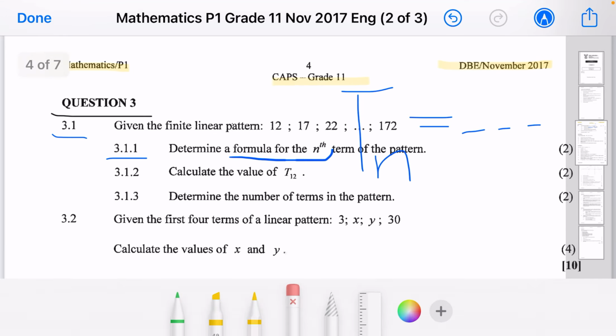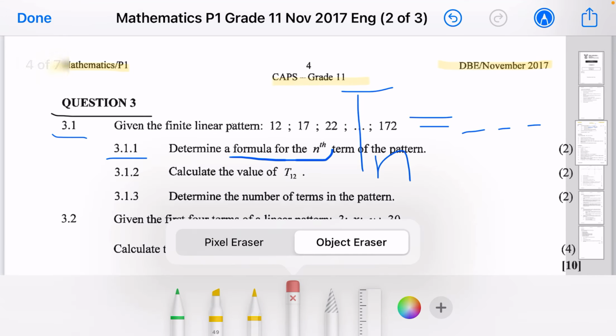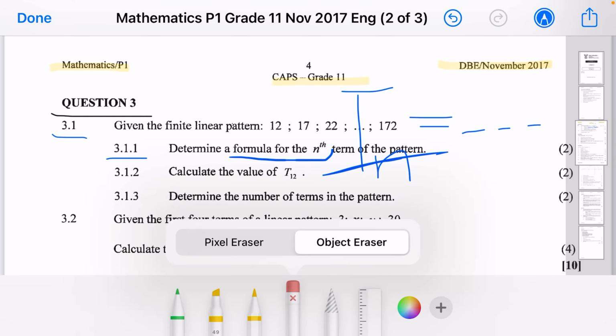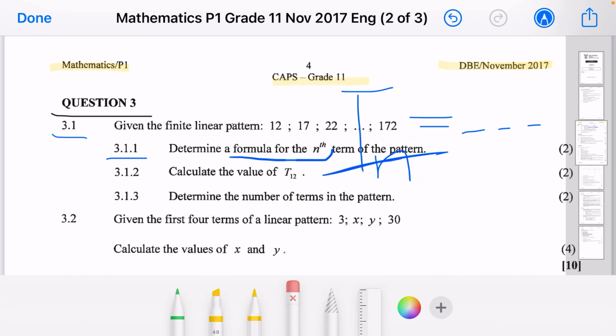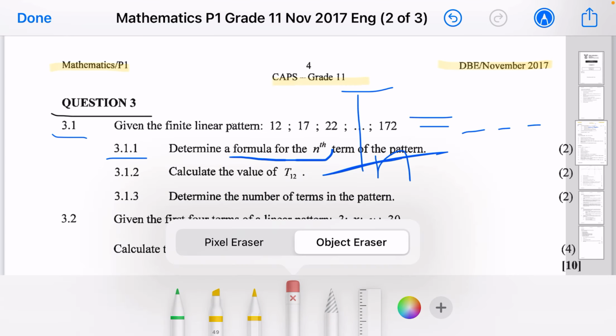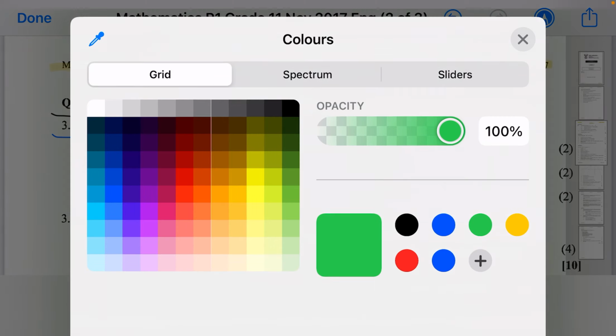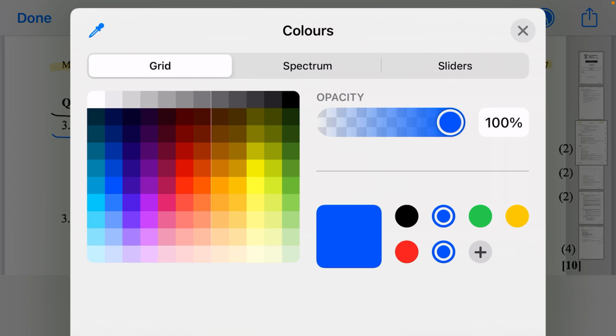Okay, so now, ladies and gentlemen, let's remove all of that information, and then from there we'll let me see, I want to try and erase that information, ladies and gentlemen, so that we move to the next question. Okay, let me choose the color that I was using.